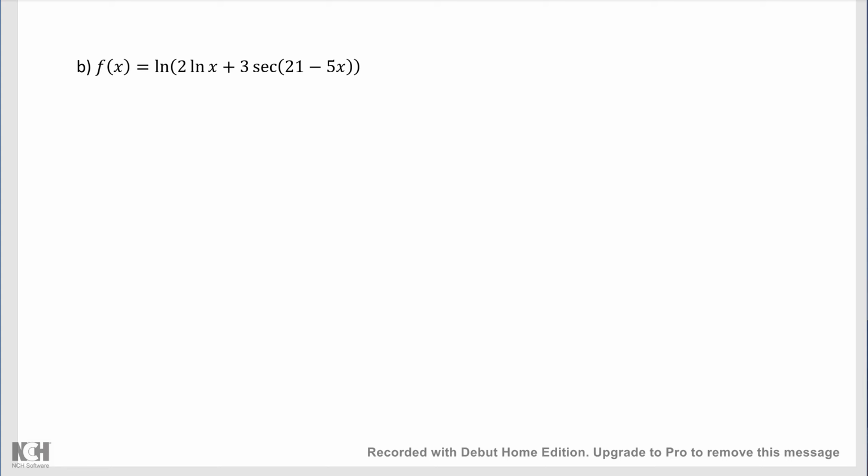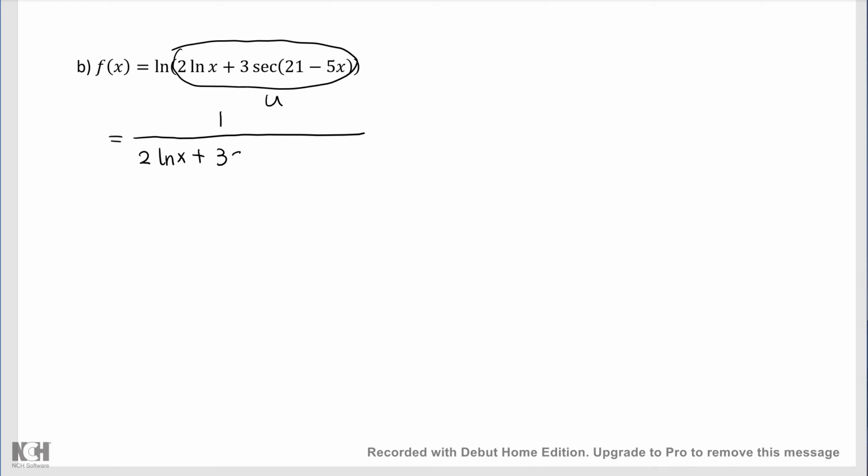Okay, let's continue. Part B. So we have ln of something. This something is our u. So the derivative of ln of u is what? 1 over u. So let's copy down the u: 2 ln of x plus 3 secant of 21 minus 5x.